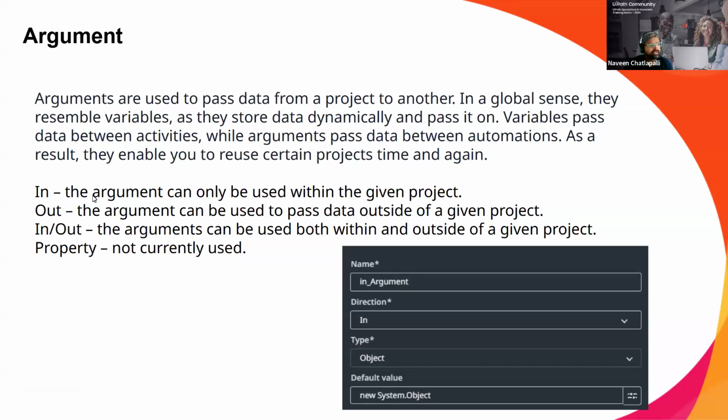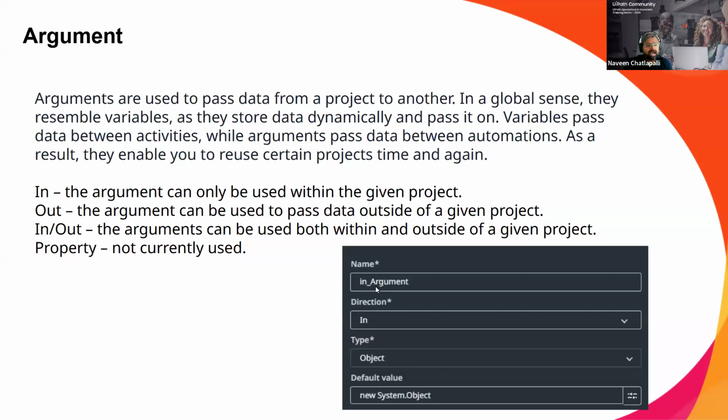An in argument can be used only within a given project. An out argument can be used to pass the data outside the given project. And in and out can handle both. That means you are sending a value inside it, you are doing some manipulation to the data, and you are updating the same value and getting it outside. Then you have to use the in and out argument type.